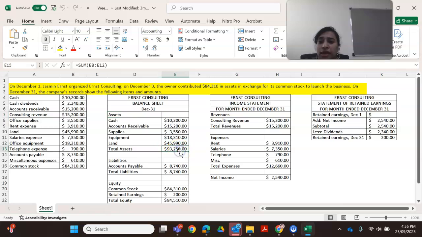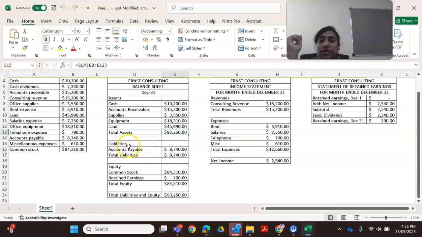So I calculated the total amount of assets, which is the sum of all this, from cell E8 to E12, cash, accounts receivable, supplies, equipment, and land. I got around $93,250. In a similar way, I calculated the liabilities. I don't see anything in the liabilities except the accounts payable, which is 8,740.